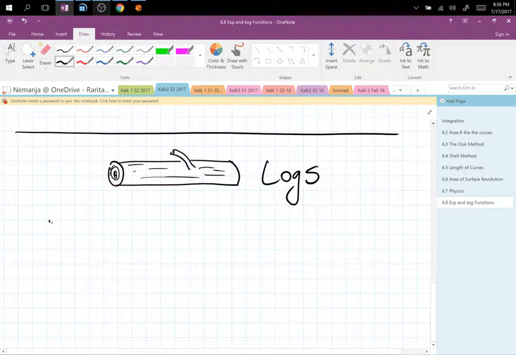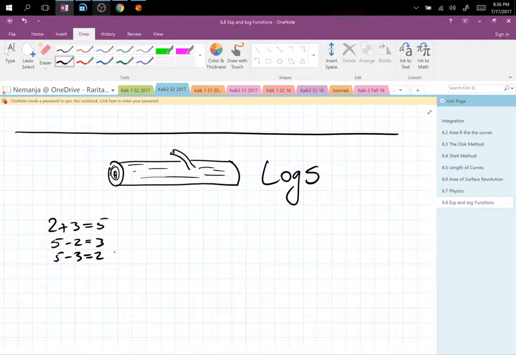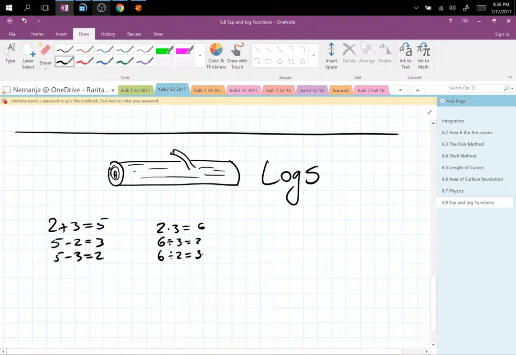You know how 2 plus 3 is 5? And then you can go 5 minus 2 is 3, and 5 minus 3 is 2. So you have addition and the opposite operation, subtraction, which are all operations between numbers. And then you have 2 times 3 is 6, and then 6 divided by 3 is 2, and 6 divided by 2 is 3. So again, opposite operation to retrieve all of these numbers back.